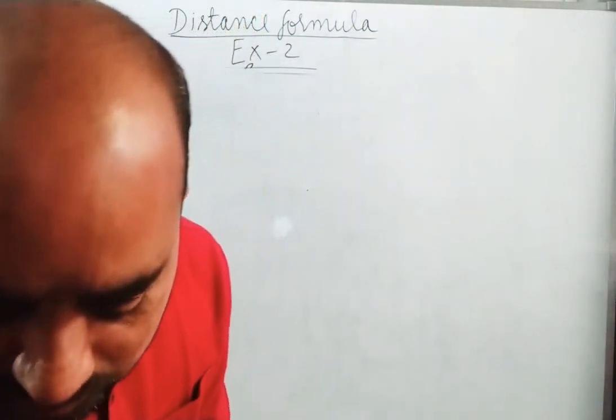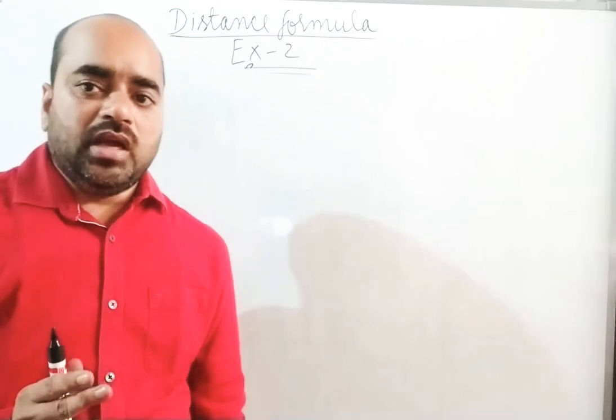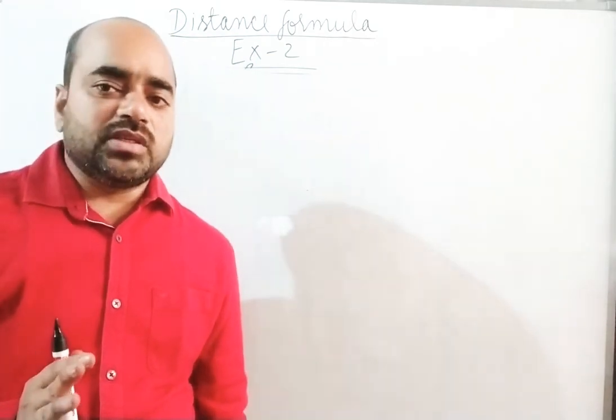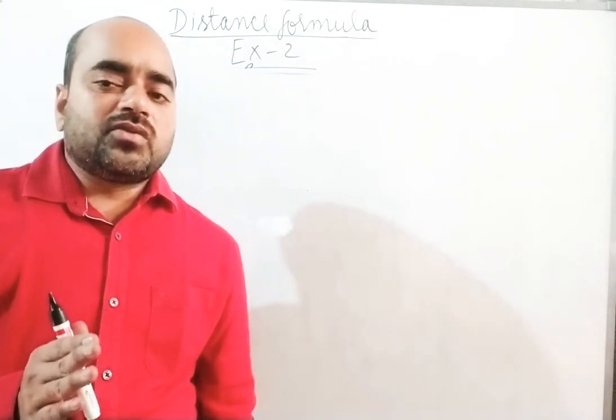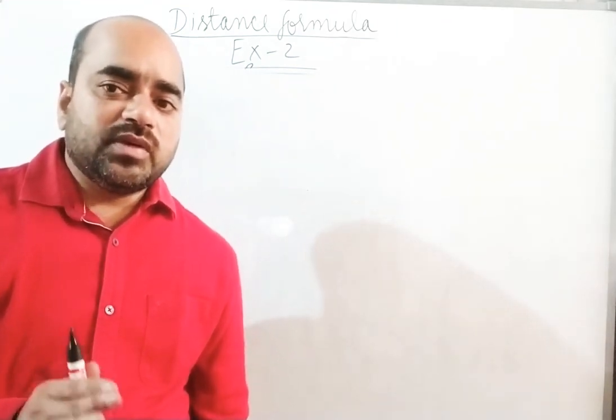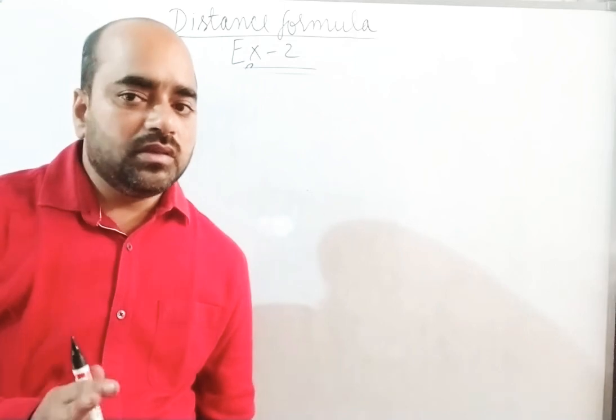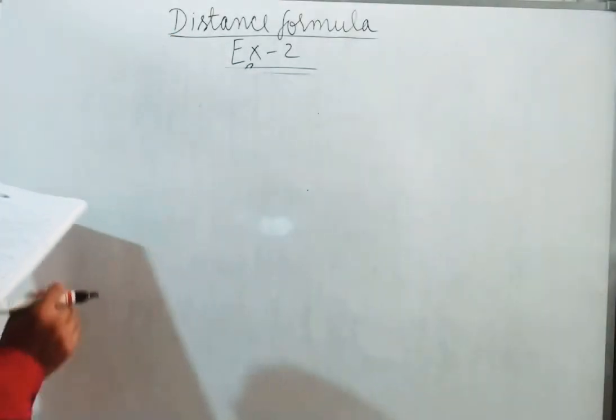Isosceles right angle means we have to prove two things. Any two distances, any two sides must be same. And for right angle, the sum of the squares of the two smaller distances must be equal to the square of the longer distance.